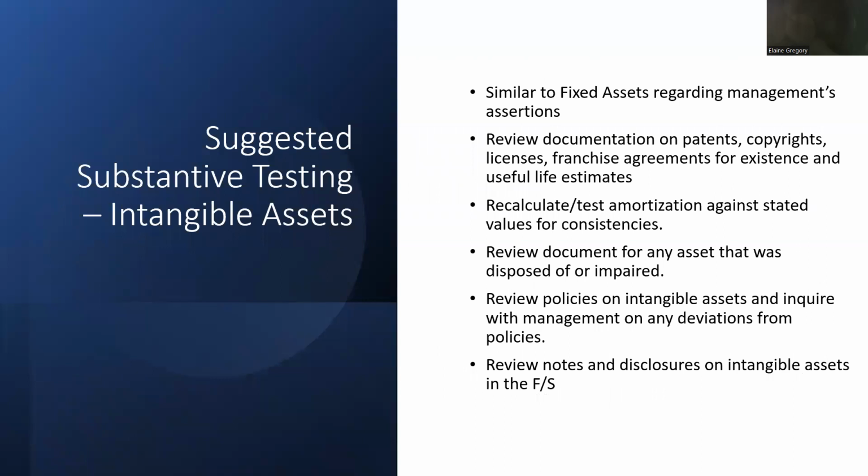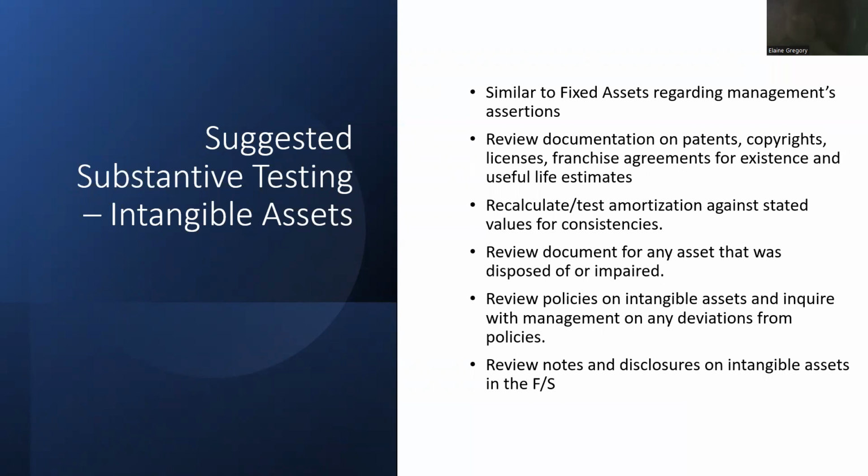For intangible assets, again, similar to fixed, but you want to take a look at contracts, franchise agreements, copyrights, patent licenses for the existence of the intangible, and then you go back and look at the useful life estimates. Again, we want to test that amortization against the stated values for consistencies, review the documentation of those assets.